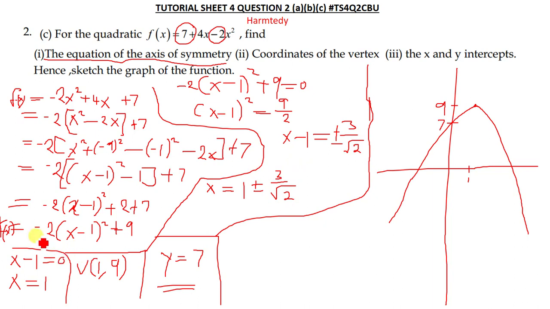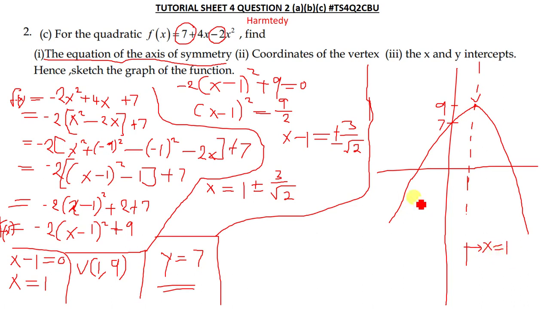First let me put, this is the vertex V, and this is the axis of symmetry. We can also show it and say this is x is equal to 1.